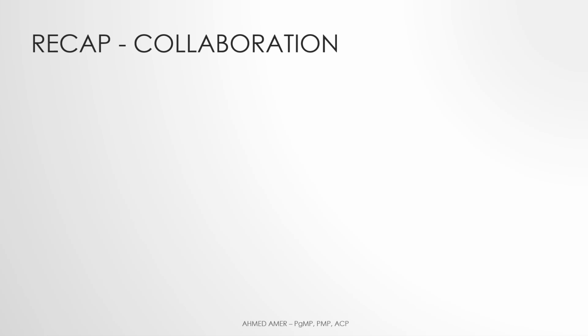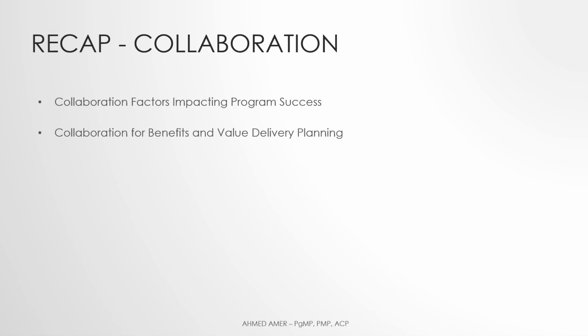Throughout this video and the previous one, we covered the three sections of the collaboration performance domain. We started with the 7 collaboration factors in the last video, and today we covered the collaboration for benefits and value delivery along with the program components and activities collaboration. Again, this is the newly introduced performance domain in the 5th edition of the standard.